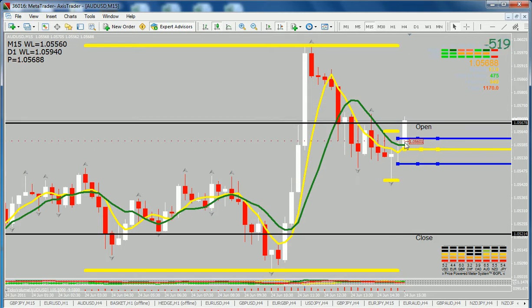So on that last bar, the inside bar, we have the highest of that bar, the lowest, and the opening price.